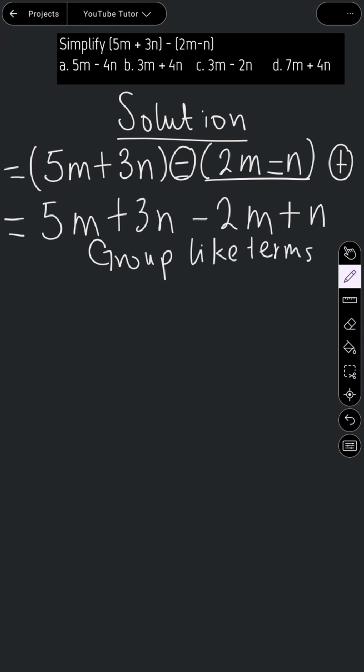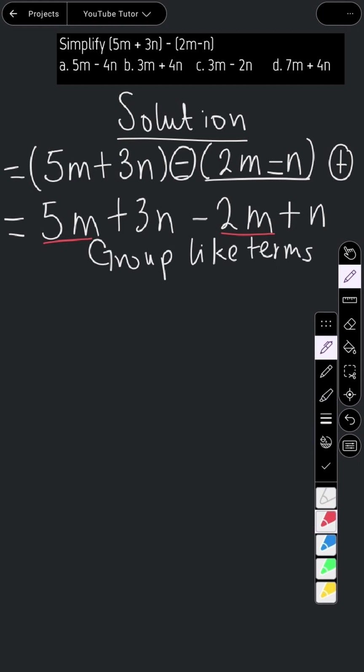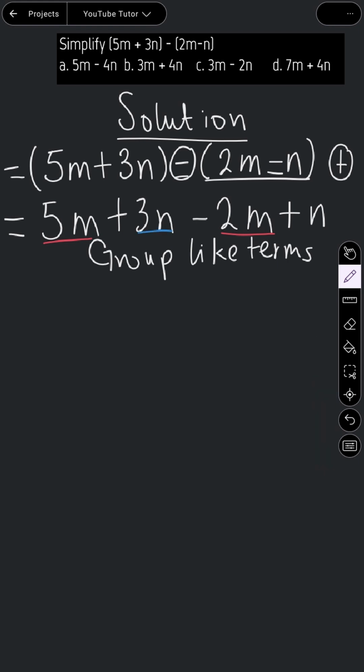With grouping like terms, all you need to know is we look at this question. Let me change the pen. We can see there are some which have the same letters, which are called variables, attached to them, and this also has n attached to it.